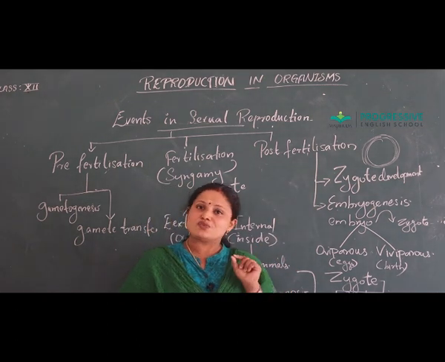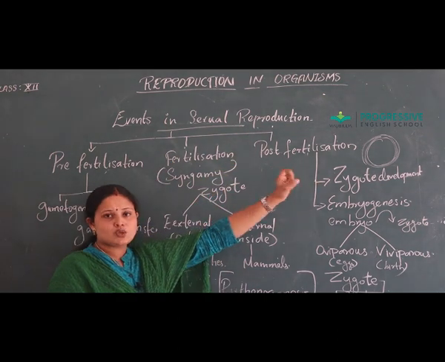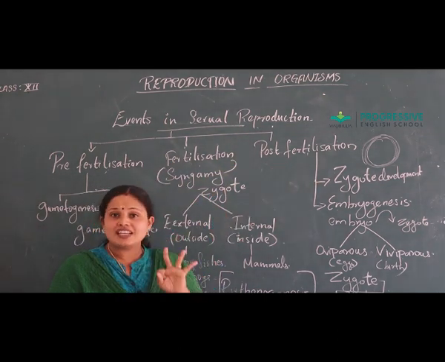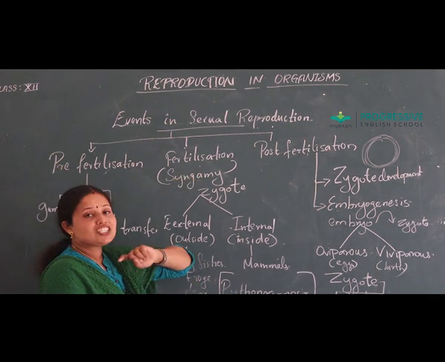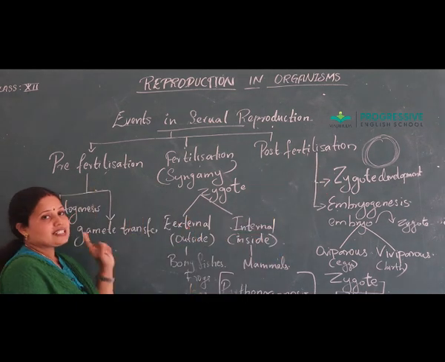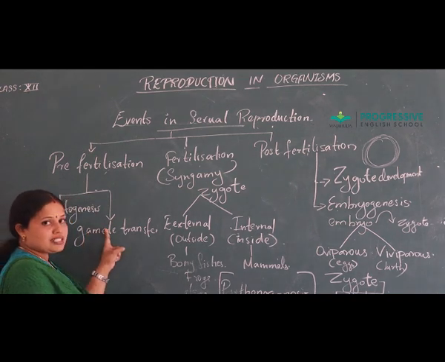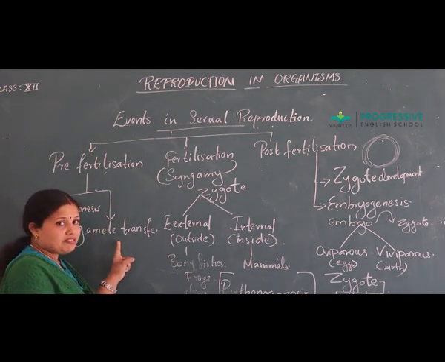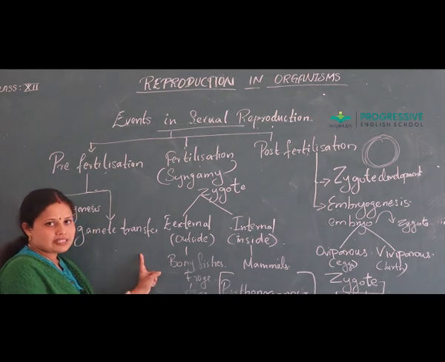So let's revise it once more. Events in sexual reproduction are grouped into 3 stages: pre-fertilization, fertilization and post-fertilization. The pre-fertilization includes 2 events, that is gametogenesis, the formation of male and female gametes, and gamete transfer.